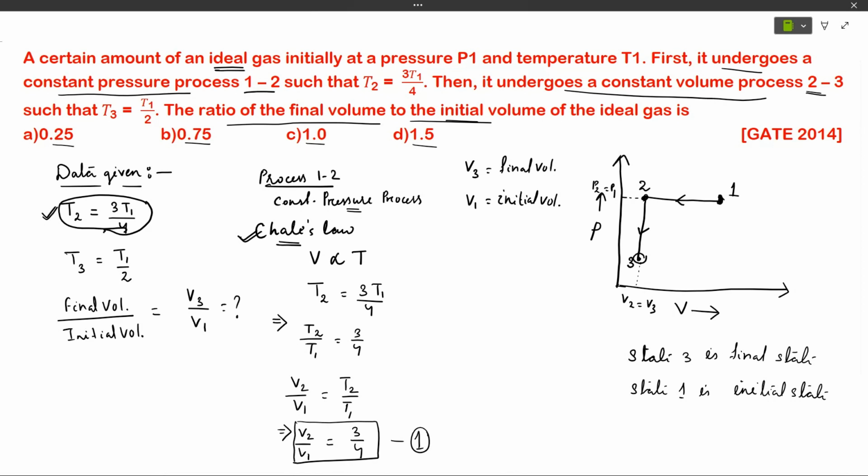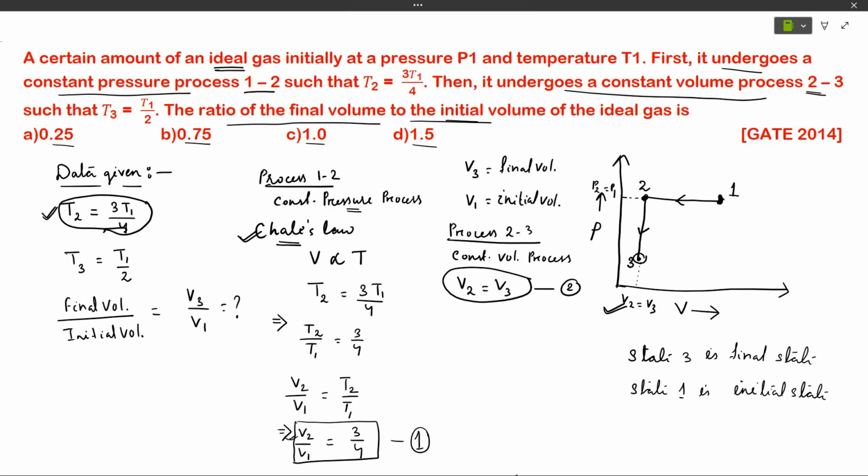Next, we consider the process 2 to 3. So this is a constant volume process. As this is a constant volume process, we consider V2 equal to V3, which we already discussed here. So it is mentioned V2 equal to V3. Let us consider this as equation 2. If we consider equation 1, here in place of V2, we substitute V3.